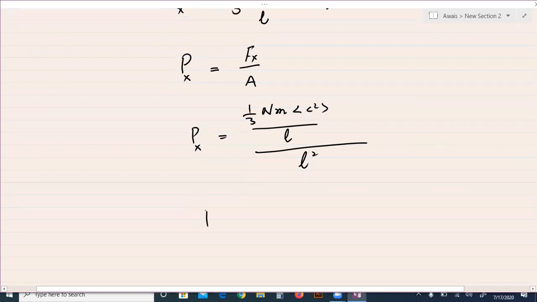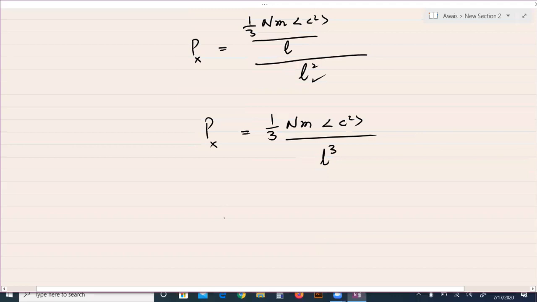Now further, this pressure along the x-axis becomes 1 by 3 Nm, this c square average divided by L square and L, which becomes L cube. So the pressure along the x-axis becomes 1 by 3 Nm, this c square average over L cube, meaning the volume of the gas.